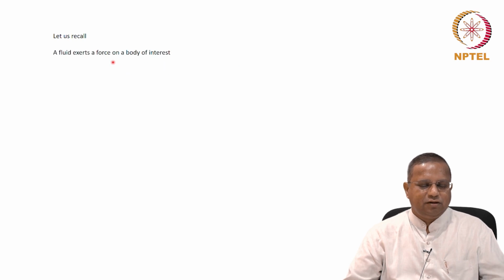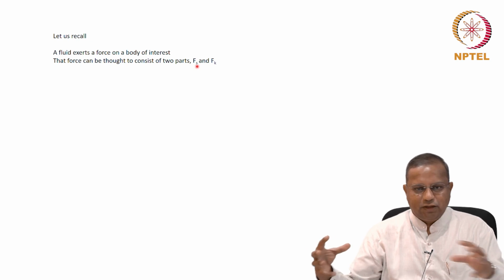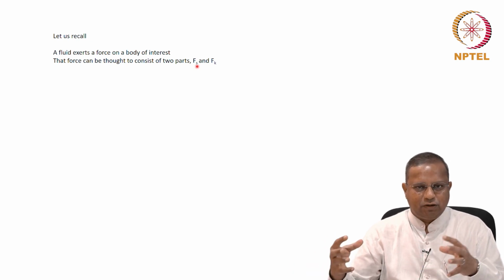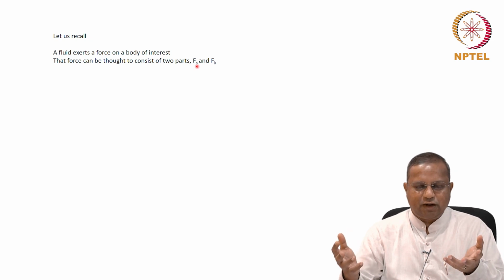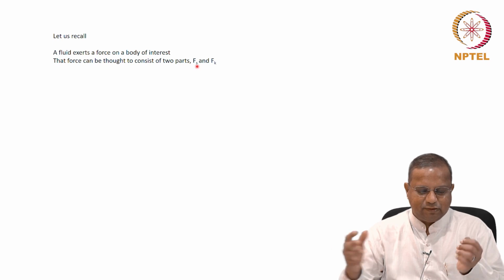Let us recall that the fluid exerts a force on the body of interest when it flows, and that force can be thought to consist of two parts: a static component and a kinematic component. A fluid, even if it doesn't flow, will exert a force on the body, right? That you know. And a hydrostatic pressure always exists.